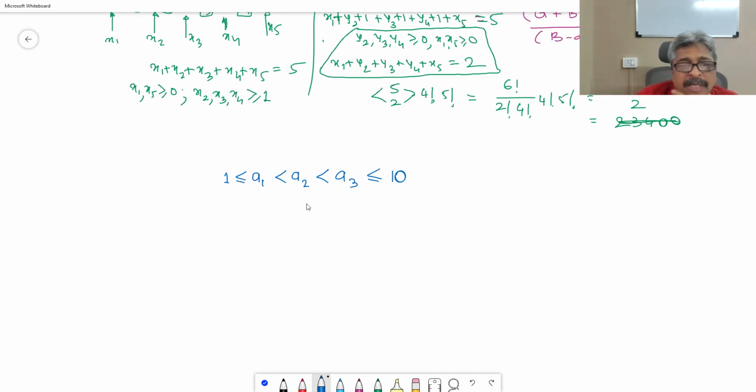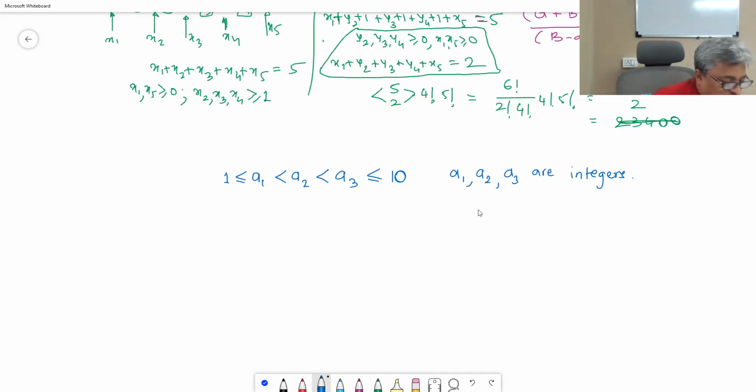A1, A2, A3 are integers. Let us call this sequence A1, A2, A3.